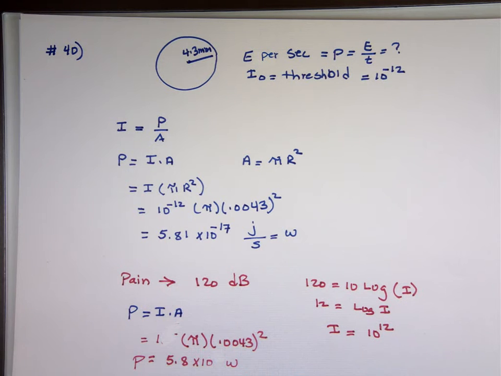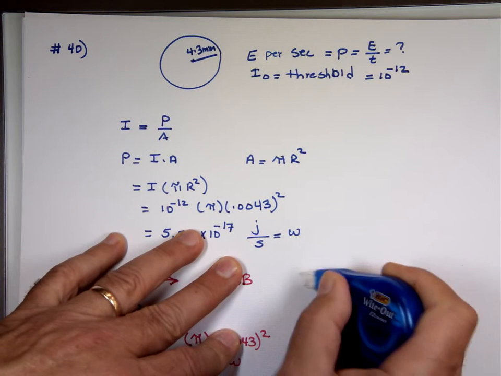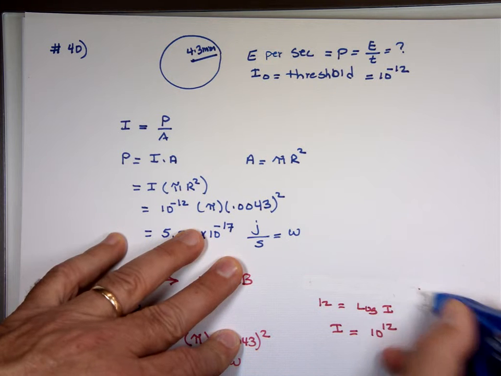The other one is pain, but the beginning of the threshold of pain, I is 1. I bet that's what they're going to use, instead of defining pain as 120 decibel.